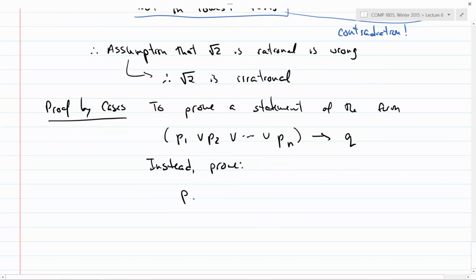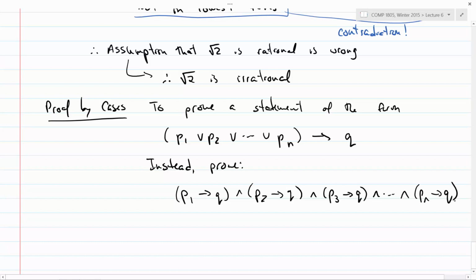Instead you prove P1 implies Q and P2 implies Q and P3 implies Q and so on all the way up to Pn implies Q.